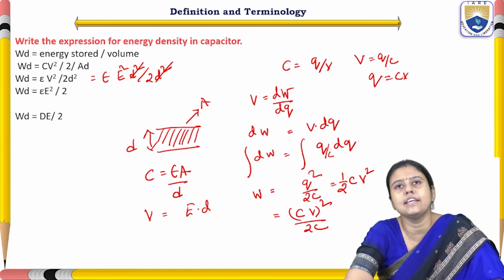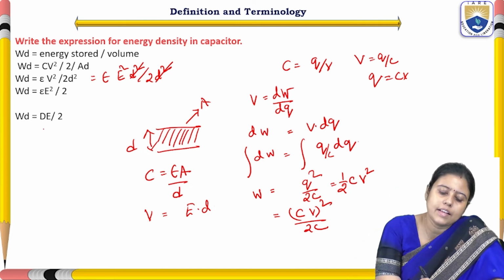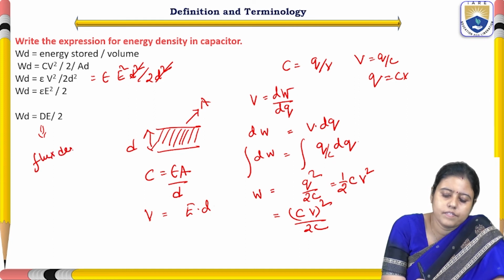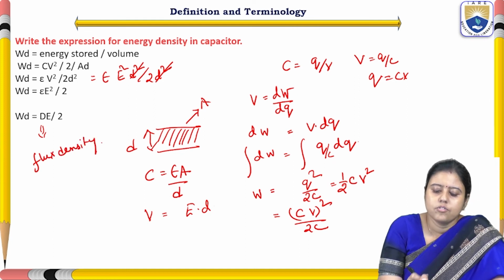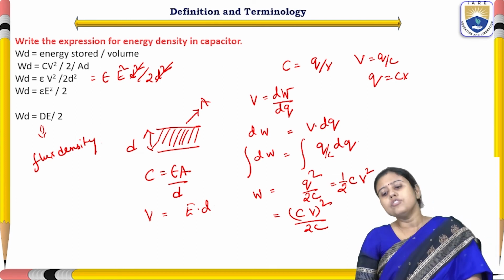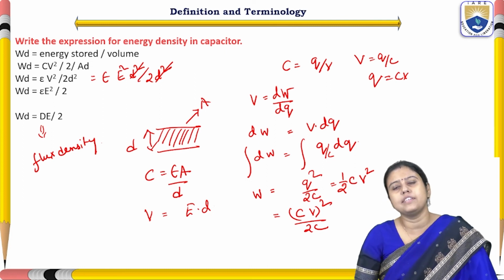Now what is epsilon E? We have discussed, epsilon E is nothing but the flux density D. So D into E by 2. So that defines the energy density in the capacitor.